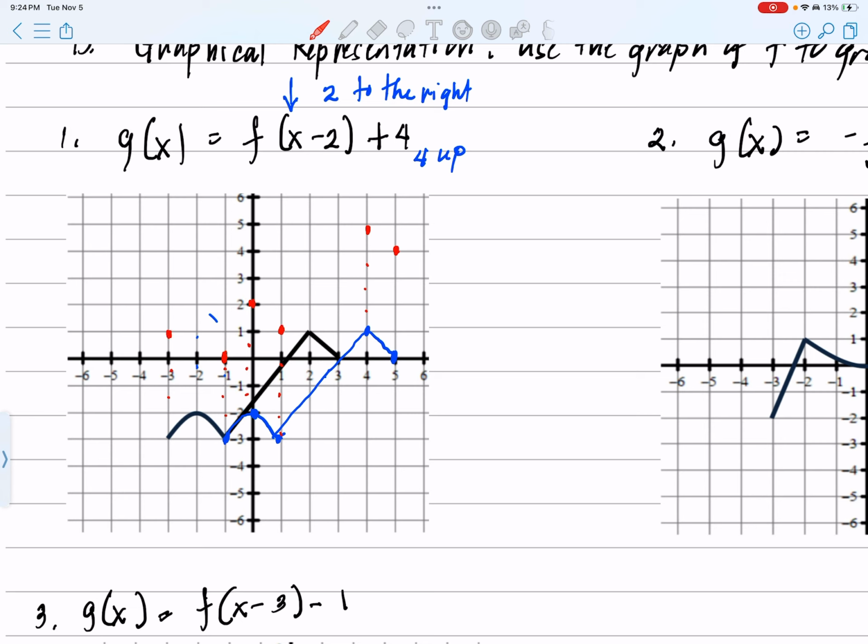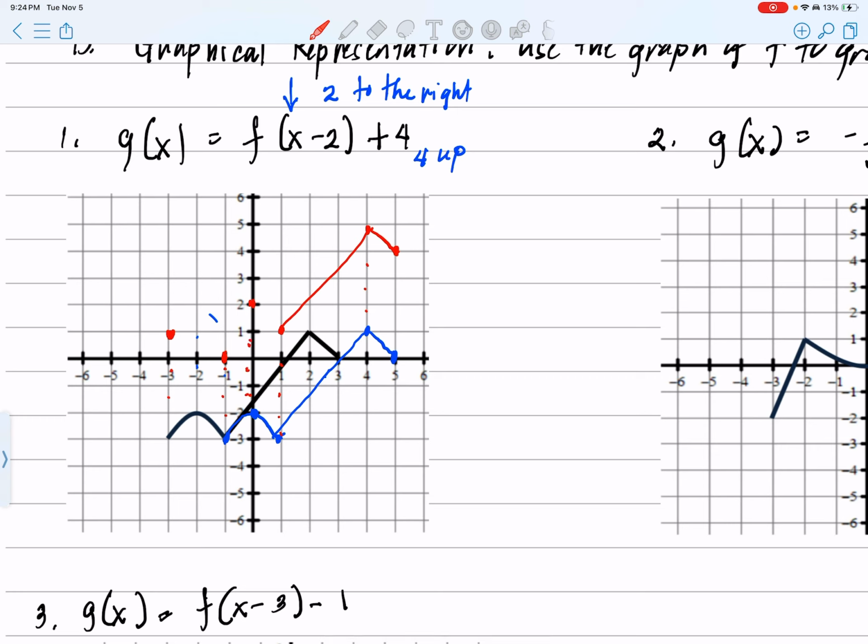All right, I'm going to connect. So this will connect to there. Then, wait, what's going on here? So 1, 2, 3, 4.